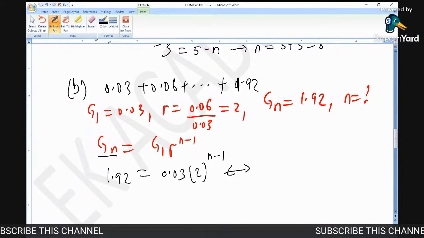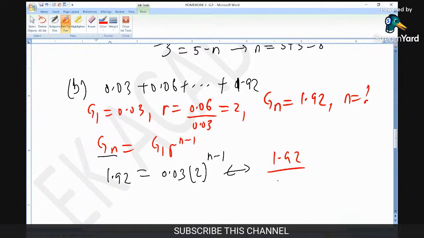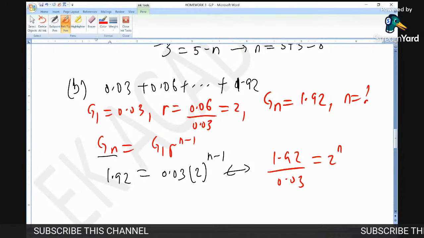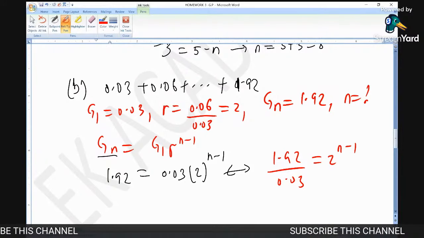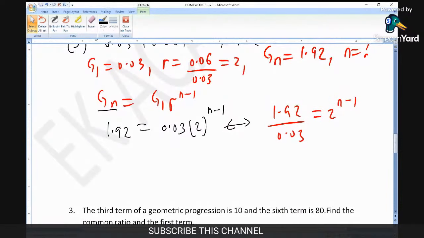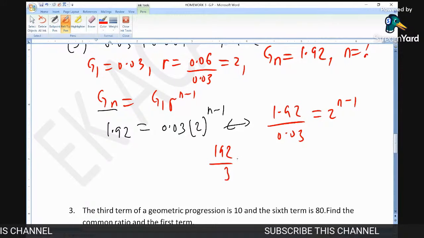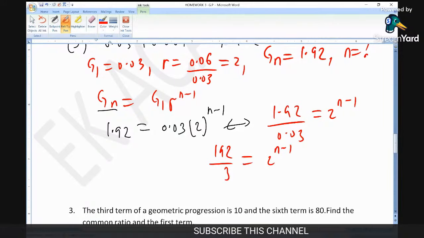And we can divide by 0.03. So 1.92 divided by 0.03 equals 2 power n minus 1. Dividing these numbers, the result will be 192 over 3 equals 2 exponent n minus 1.